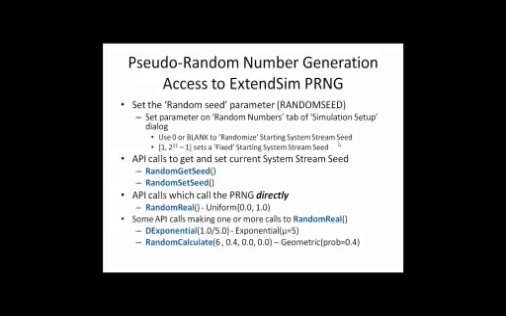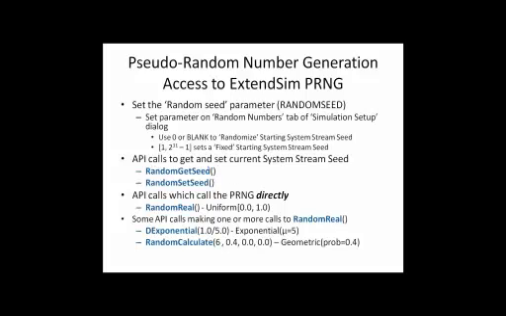Now there's a third way to set this, and that is by referencing a database table called _seed that supplies starting system stream seeds for multiple runs. I'm not really going to talk about that any beyond this point, but just be aware that there is that third method to establish the starting system stream seed.